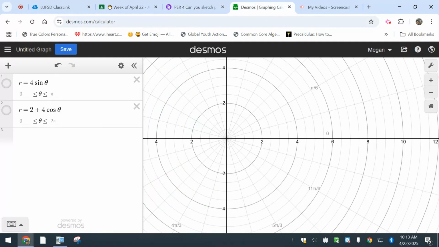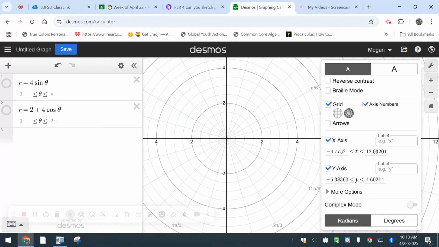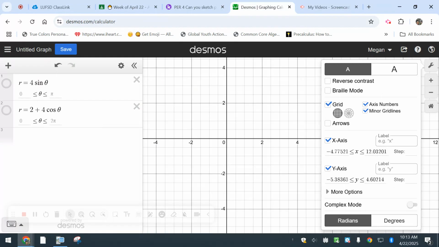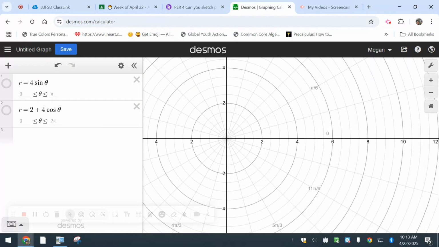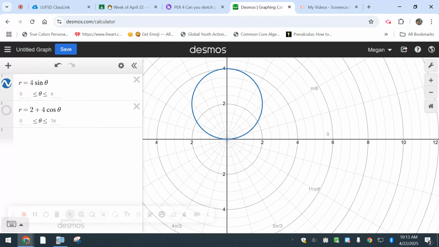So when I go to Desmos, if you guys have ever used it before, in settings, you can have a grid that's just like your coordinate grid, or you can actually switch it to polar, which is nice, okay? And you just make sure it's on radians, and then I'm going to hit this and look at the picture that it looks like.